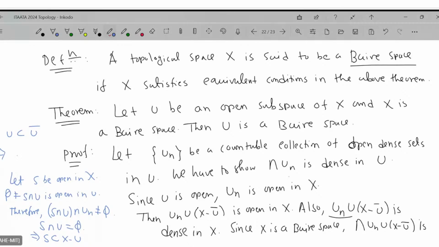X minus U closure is a subset of X minus U. It's contained, so it's not contained.